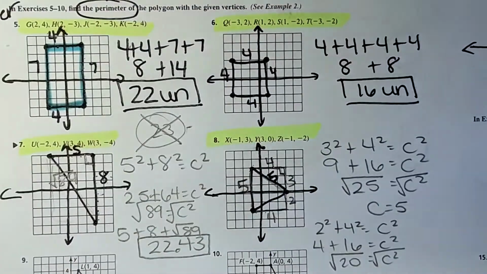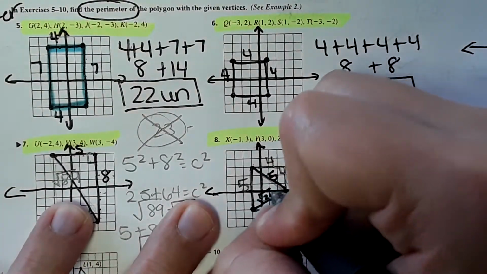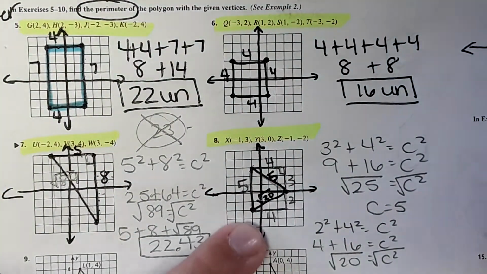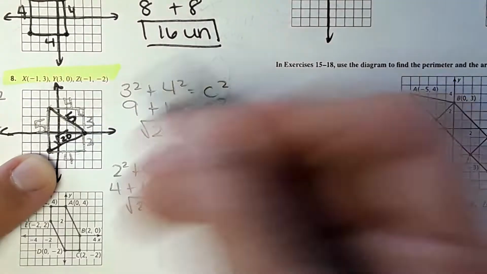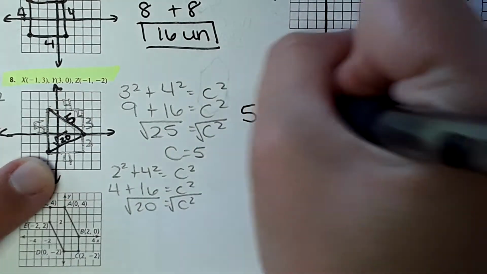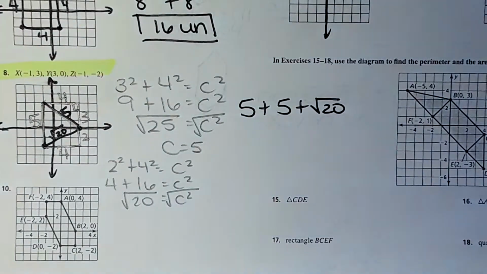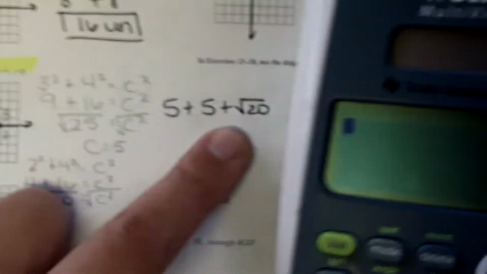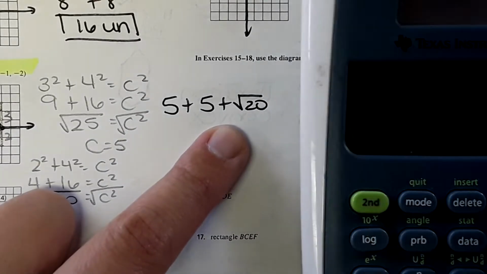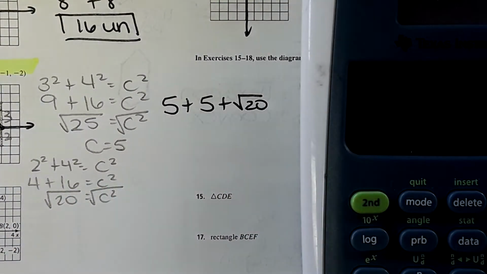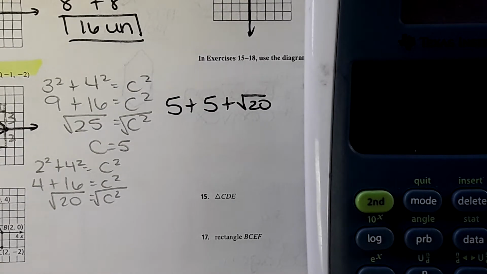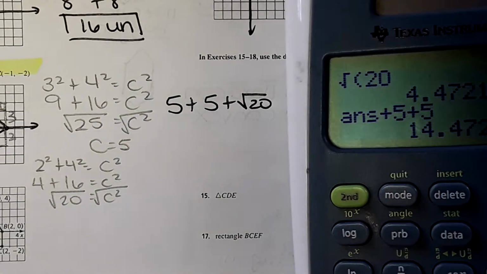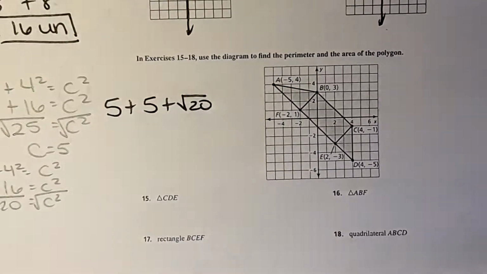So that right there is square root of 20. Now to find the perimeter, I'm going to use this space over here because we're not going to use it. So 5 plus 5 plus square root of 20 will be my answer. And then from there, I will put square root of 20 plus 5 equals 14.47.